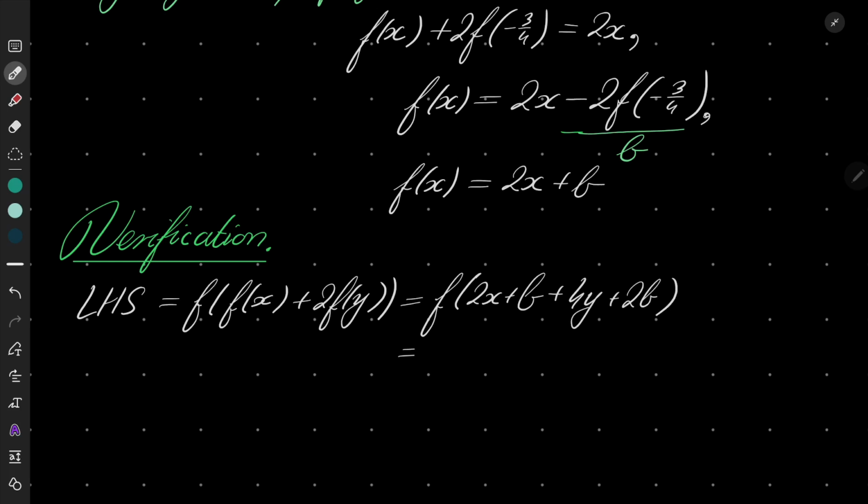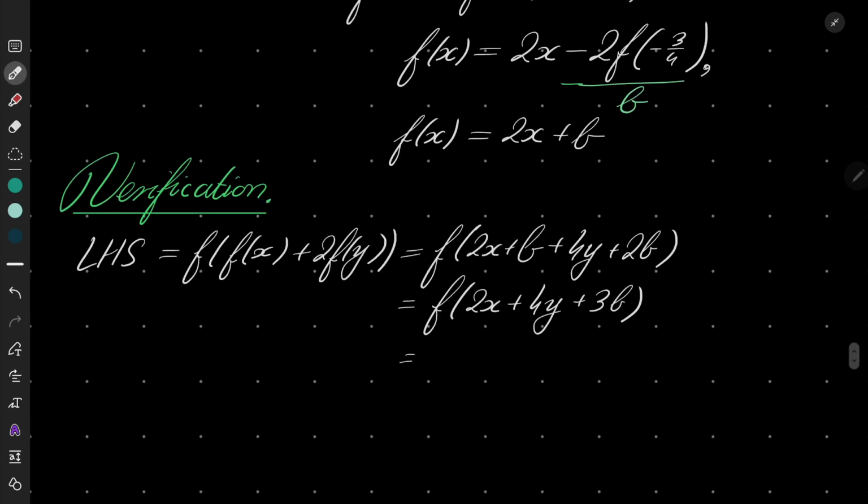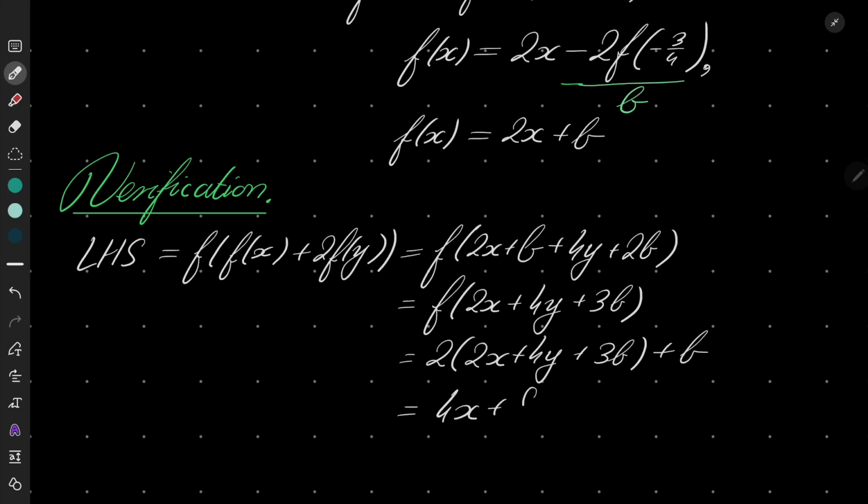And now let's write it: 2x plus 4y plus 3 times b. And our function doubles the argument and adds b. So we have 4x, 8y, 7b on the left-hand side.